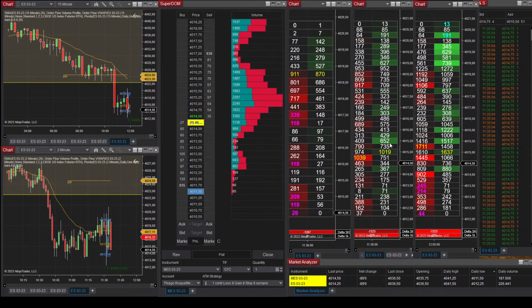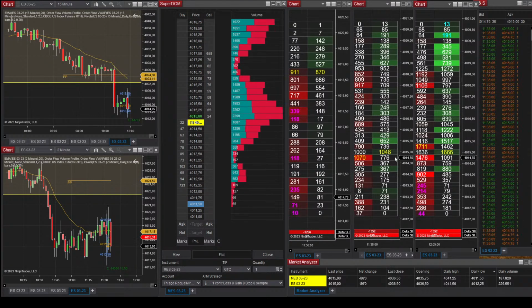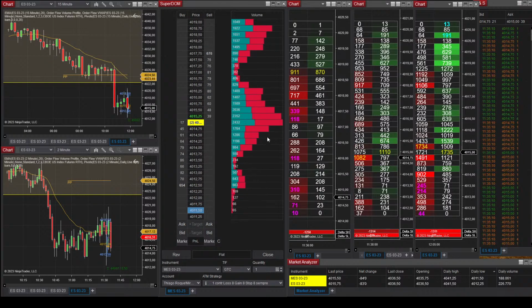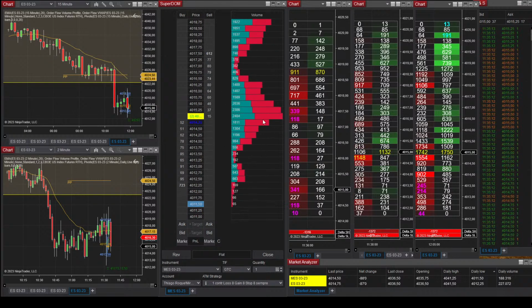We've seen this absorption here at the 15, even further down. It's important to look at the volume at price here at Superdome. 14 is the base of the region.